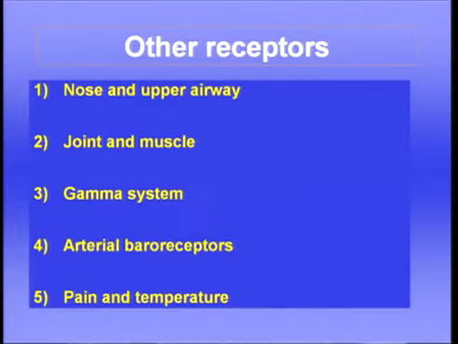I mentioned the baroreceptors, and we saw that the baroreceptors are anatomically close to the peripheral chemoreceptors. And the baroreceptors do play a role to some extent in the control of ventilation.